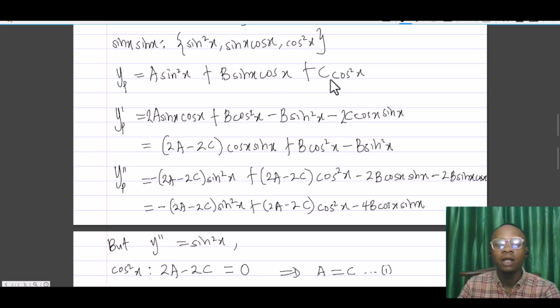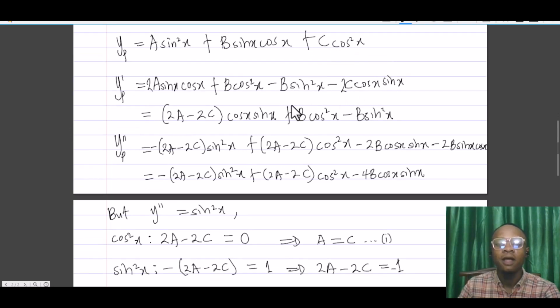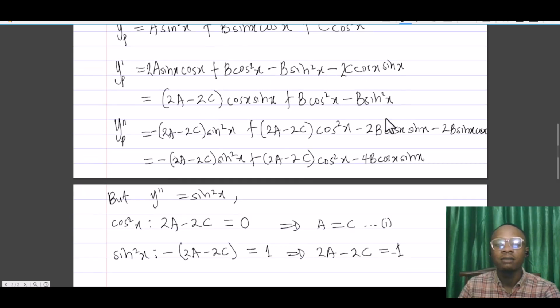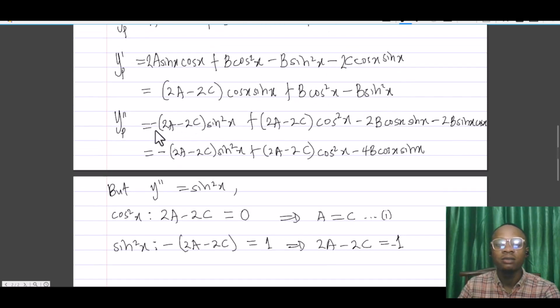Then minus 2c cos x sine x. Then cos x sine x, that's 2a minus 2c. Then b cos squared x minus b sine squared x. Then for this, it's going to be minus 2a minus 2c cos x sine x.